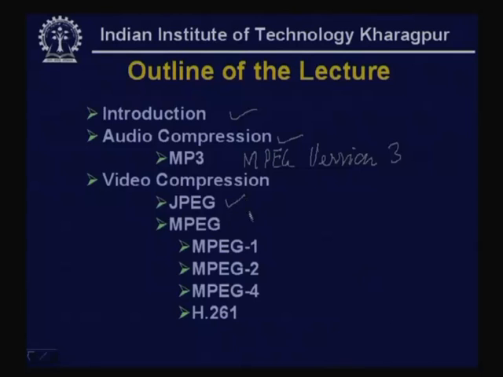Essentially, there are two approaches, JPEG and MPEG, and MPEG has different versions like MPEG 1, MPEG 2 and MPEG 4. I shall give an overview of these three versions, and also the H.261, which is essentially used for low bit rate compression, and I shall give an overview of that also.